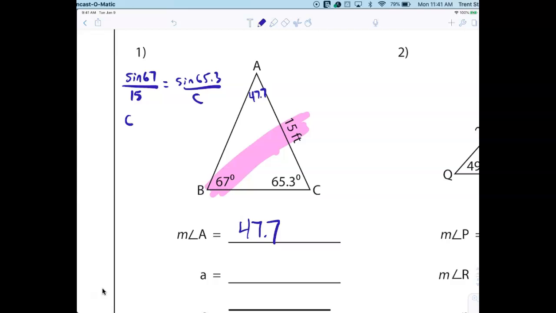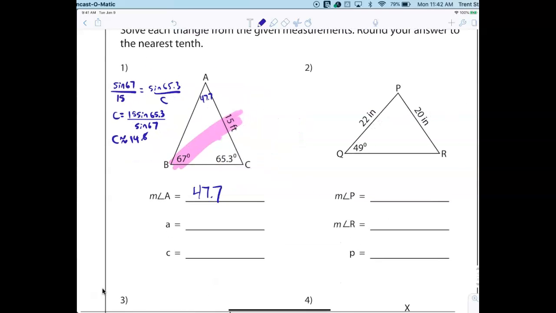So I want you to write C equals 15 sine 65.3 divided by sine 67. Right? And so C is roughly how much? 14.8. So C is 14.8.